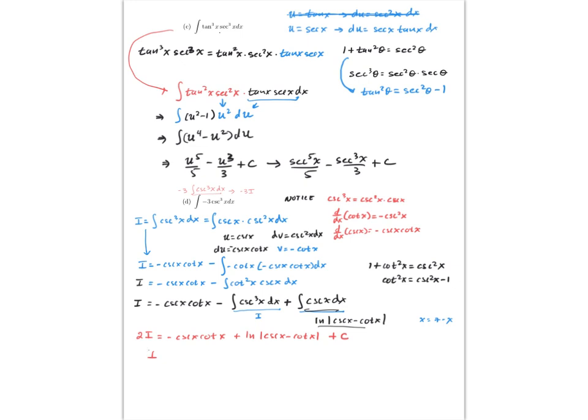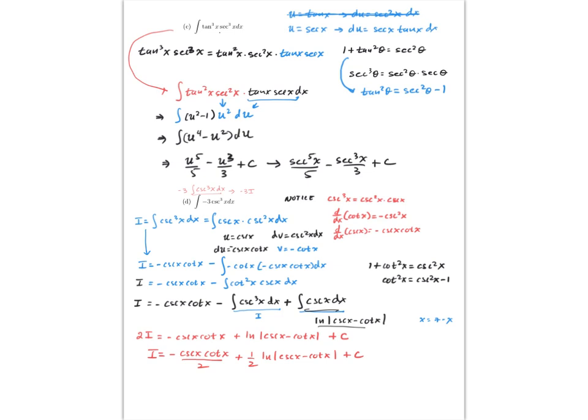Therefore, I is equal to minus cosecant x cotangent x over 2 plus 1/2 ln of cosecant x minus cotangent x plus c.